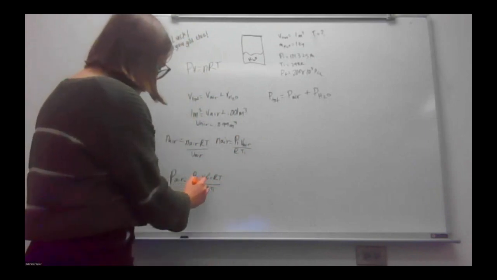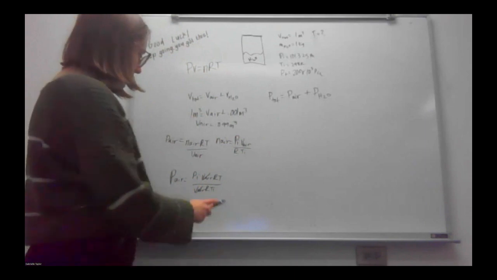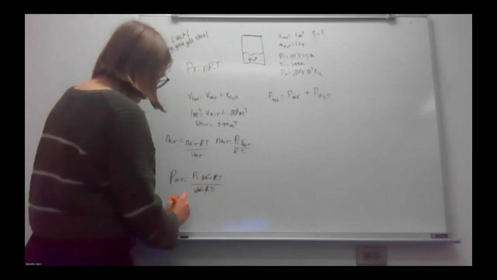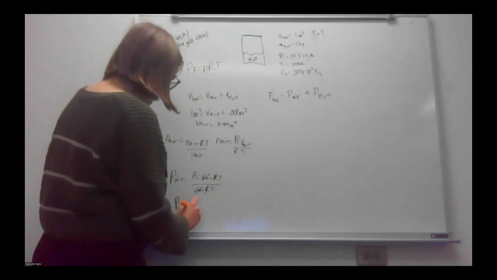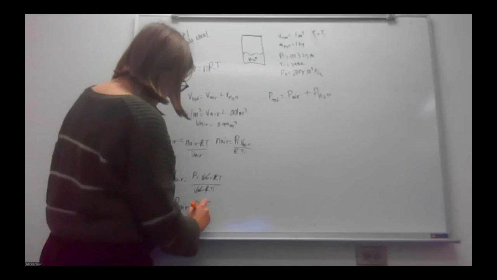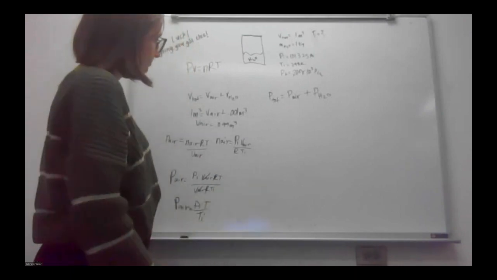The V airs cancel out, the constant cancels out, and that leaves us with the P air equal to the initial pressure times the final temperature over the initial temperature.